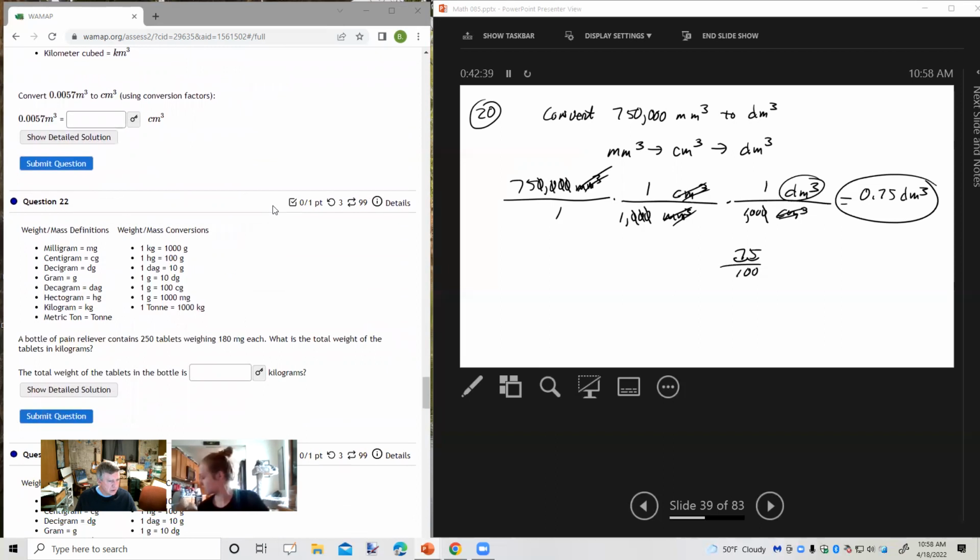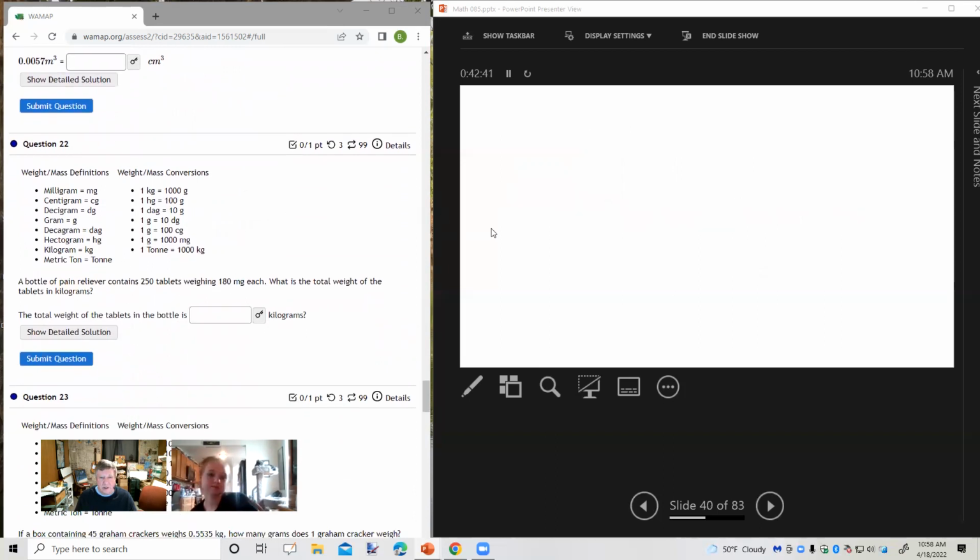All right, let's look at some application problems, starting with 22. Again, I'm going to do a similar problem, but I'm going to use different numbers.